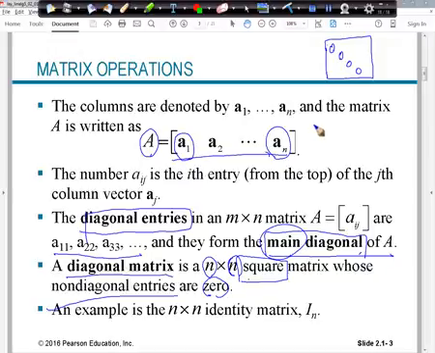One example of a 3 by 3 diagonal matrix is something like this: 3, 5, 1 along the diagonal, and 0s everywhere else. So this is an example of a diagonal matrix where we only see non-zeros along the diagonal, but all zeros along the off-diagonal parts.